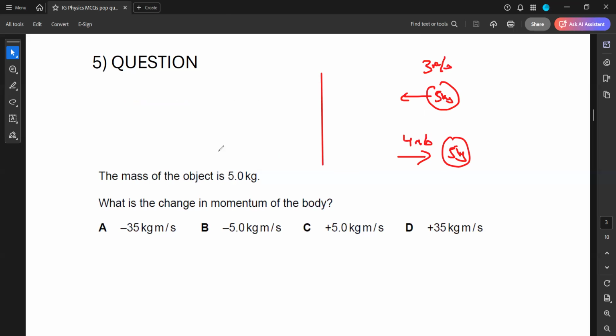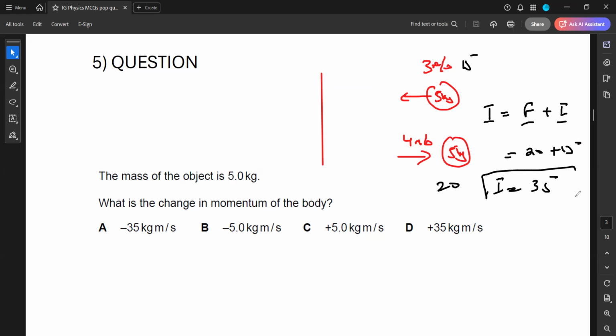And the question was to calculate the impulse. In that case, when they show us that the direction has changed, what formula do we use? We use the formula that the impulse is final plus initial. Final momentum plus initial: final momentum is 20, initial momentum is 15. So 20 plus 15, we'll get 35 in that case.